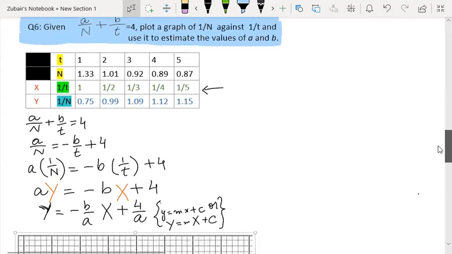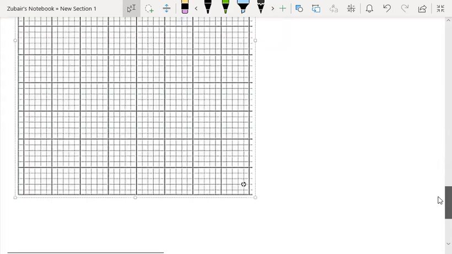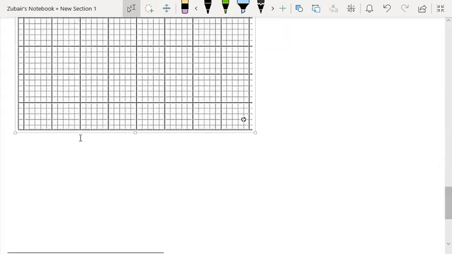So 1 upon n values or y values will be on the vertical axis and 1 upon t values, which are basically capital X values, will be on the x-axis. First we consider the x-axis values, which are basically from 1 upon 5 to 1. So 1 upon 5 means 0.2. So 0.2 to 1. So 0.2, 0.4, 0.6, 0.8, and then this will be 1.